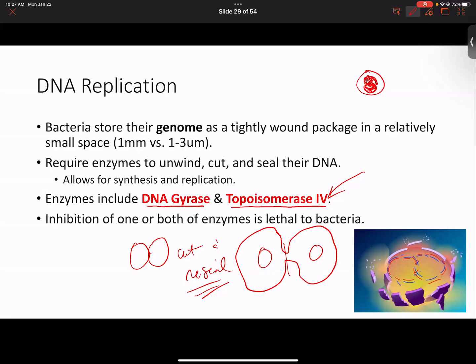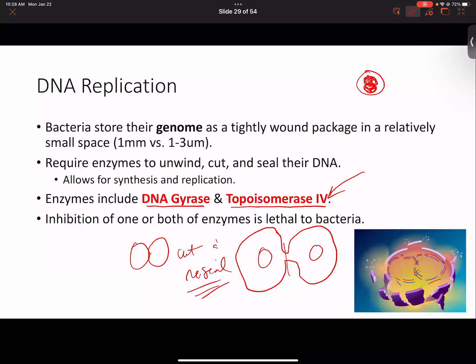Now think about this for a second. If you were inhibiting some of the function of gyrase or topo 4, you can actually induce a lethal effect in bacteria. So I want you to pause and think about this for a second. If you inhibit the activity of gyrase or topo 4 completely, will that have an effect on bacteria?